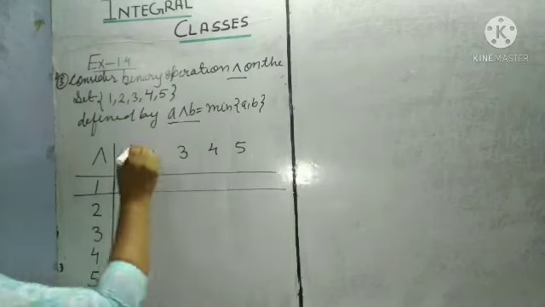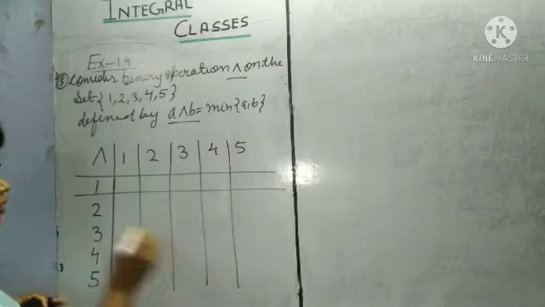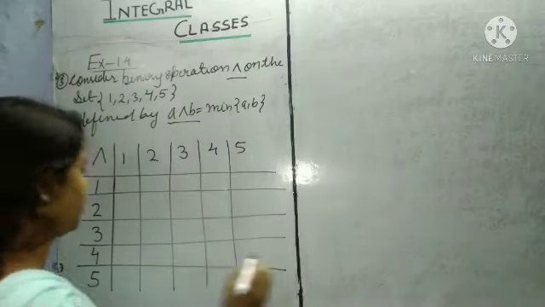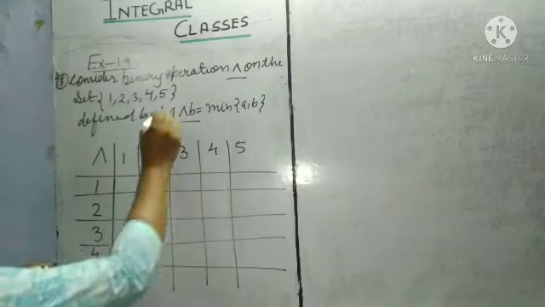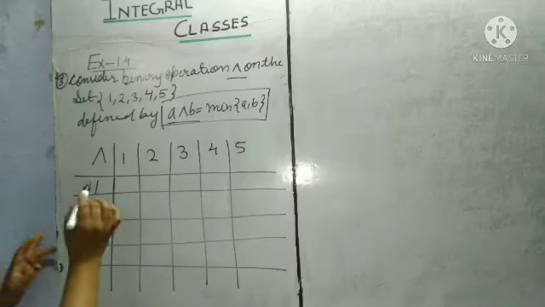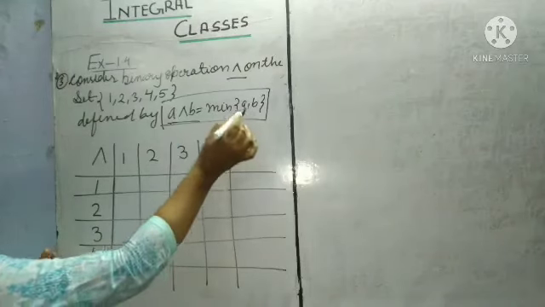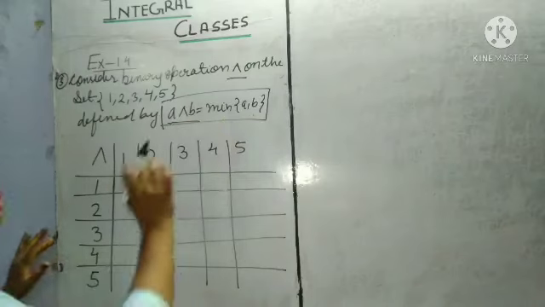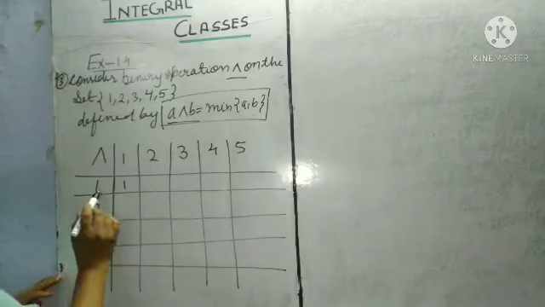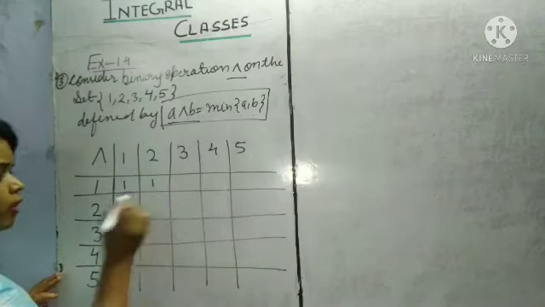Now make the table. Now we will apply this binary operation in this table. Now 1 cap 1, it means minimum of 1 and 1. Which number is minimum? 1 is minimum. Now next is 1 cap 2, which number is minimum? 1 here.